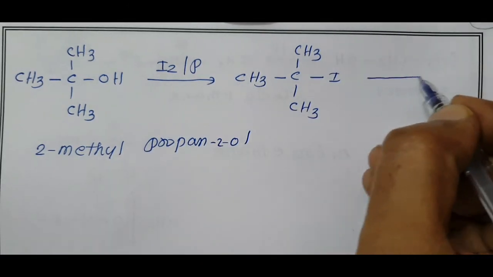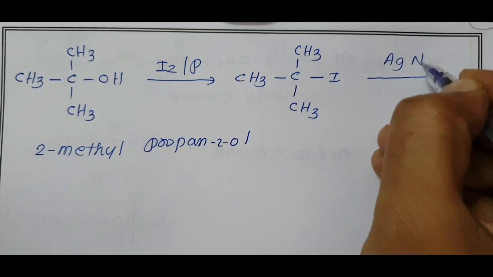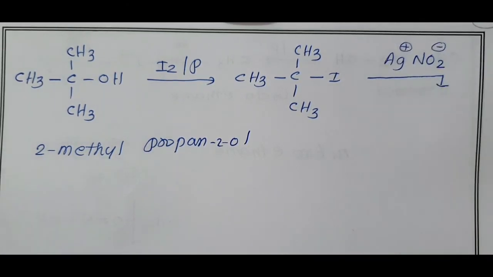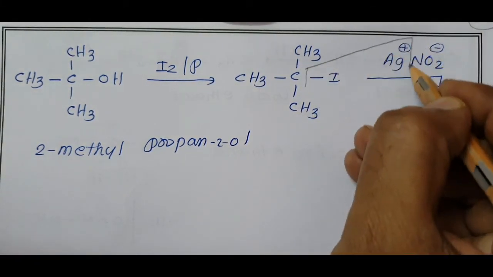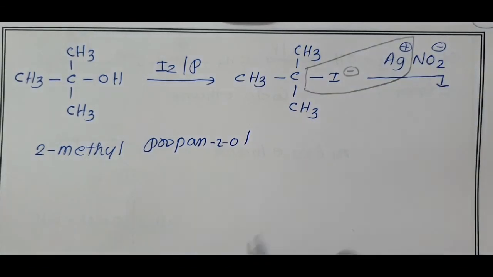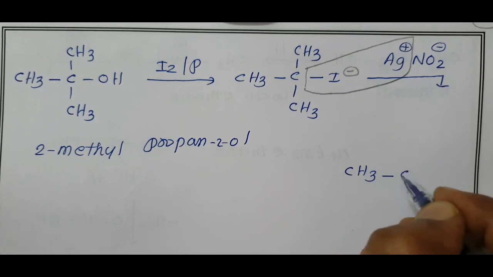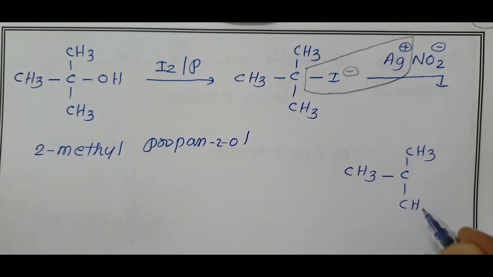When this tertiary butyl iodide is treated with silver nitrite, Ag plus NO2 minus, Ag plus removes I minus from this tertiary butyl iodide. NO2 minus is added to the center carbon atom, CH3, CH3 and NO2.